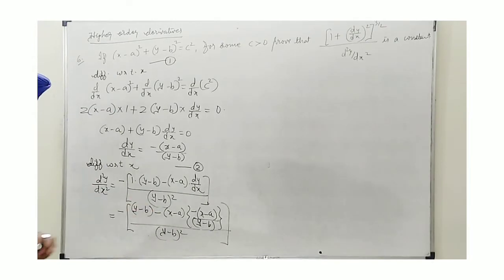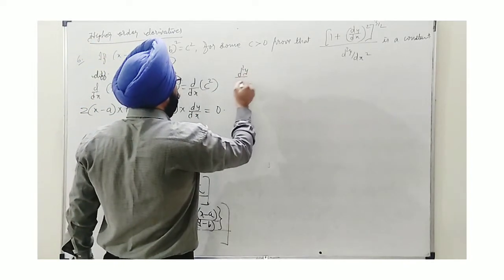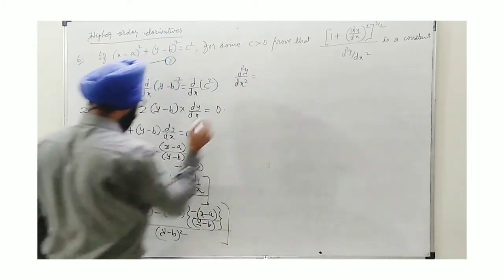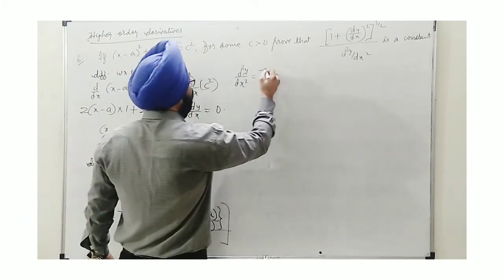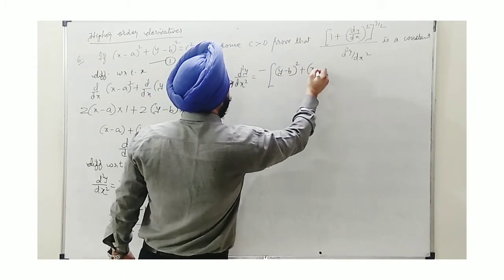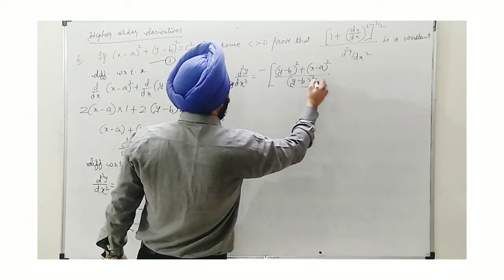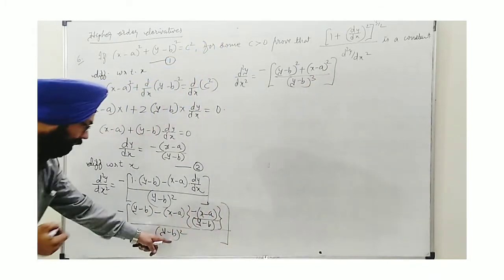If I do this directly, I will find d²y/dx² as minus (y minus b) whole square plus (x minus a) whole square upon (y minus b) whole cube, as earlier we were having a square on it.